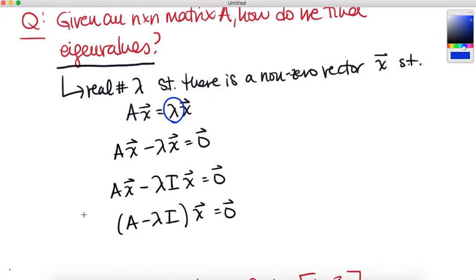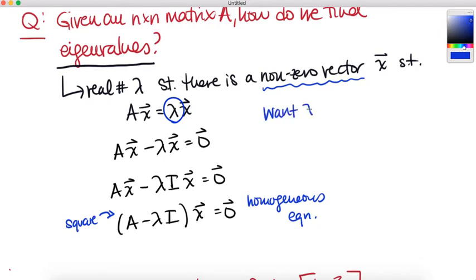All right, and now this is a square matrix. This is a homogeneous equation, and we want non-zero solutions, or non-trivial solutions. So what we're looking for is the lambda where A minus lambda I, the matrix that we've got down here, has non-trivial solutions.